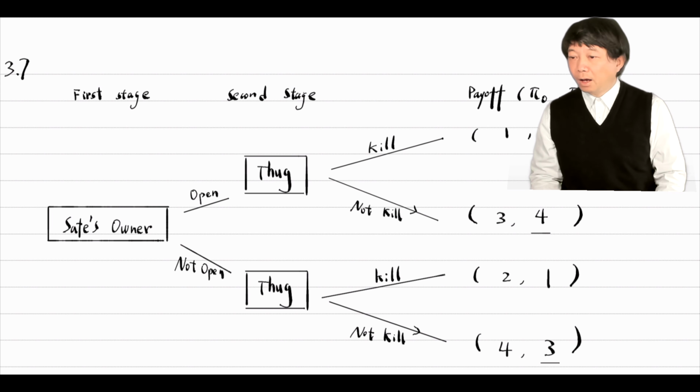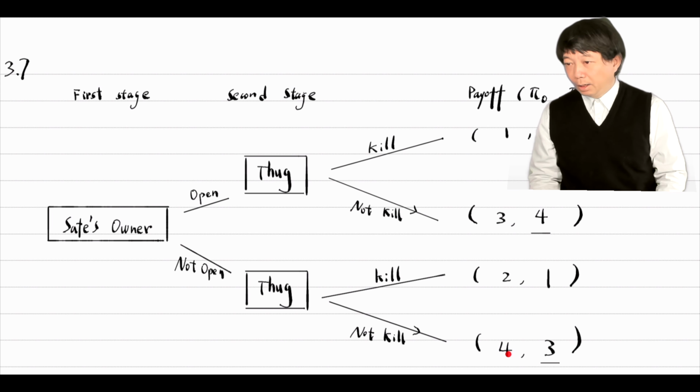Next, we figure out the safe's owner's decision in the first stage, given the thug's responses. If the owner chooses to open the safe, he knows that the thug will not kill him, and his payoff is 3. If the owner chooses not to open the safe, he knows the thug will not kill him either, and his payoff is 4.